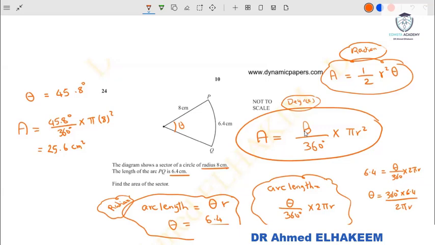I prefer to work all in degrees, so theta over 360 times pi r squared gives the area, but I don't know theta. So I have to go to the degree rule for arc length: arc length equals theta over 360 times 2 pi r. I found theta is 45.8. Then direct substitution in this rule gives the area.